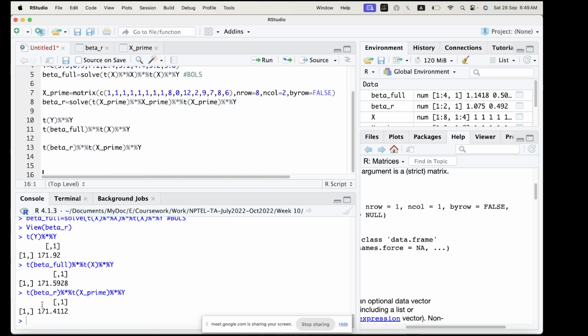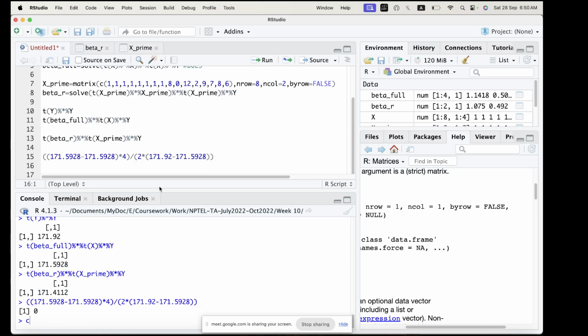So this is 171.5928 minus this, divided by 2, into 4, divided by 2 into again this thing, 171.92 minus full model, that is this thing.